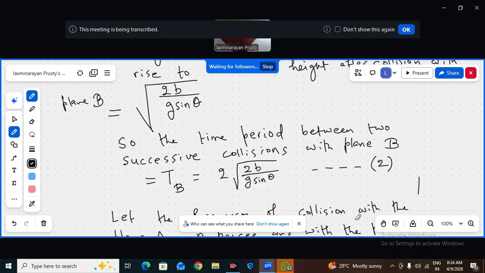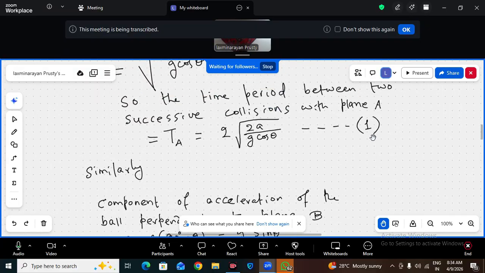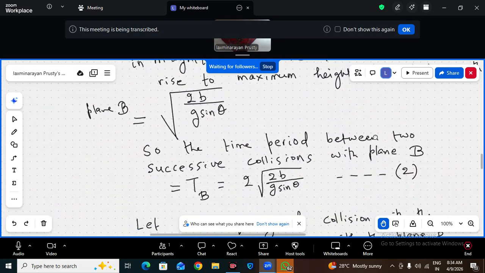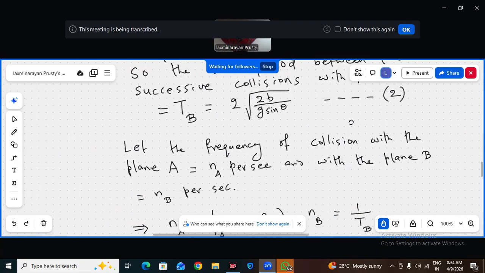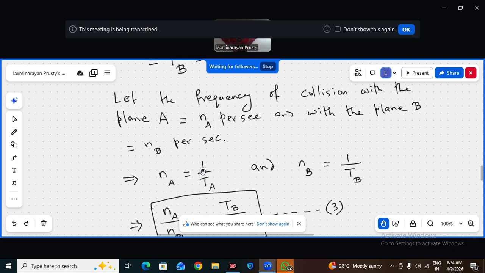This is equation 2 and this was equation 1. Okay? Am I clear? So let the frequency of collision with plane A be NA per second and with plane B be NB per second. Okay? So NB will be 1 by time period TB, and NA is 1 by time period TA.